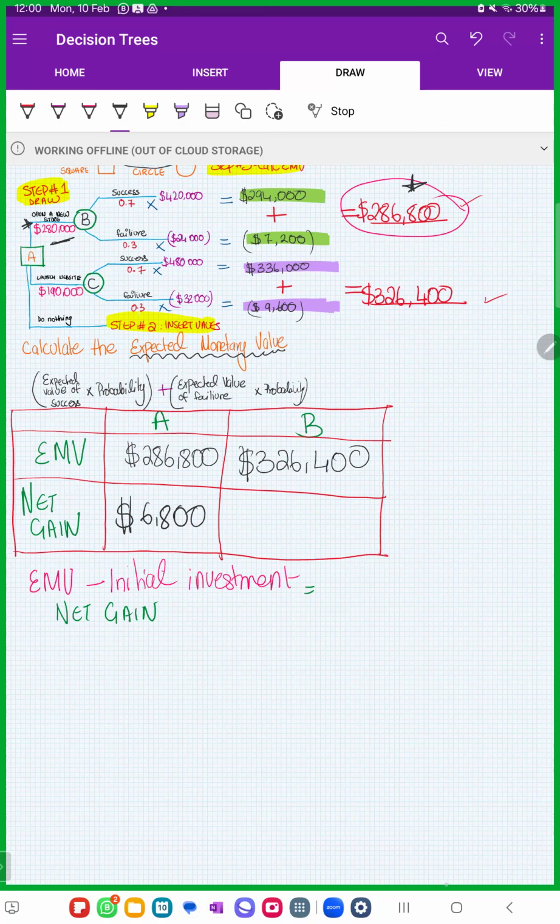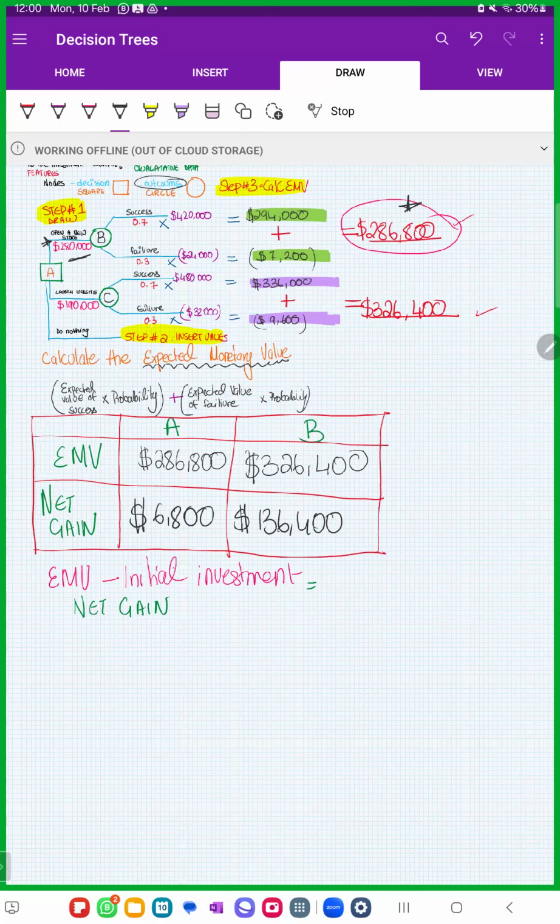What's it going to be? $136,400. Right. Now we have everything in front of us.